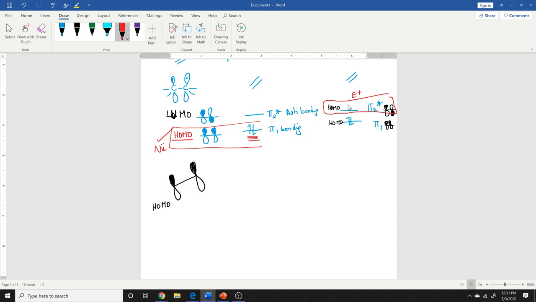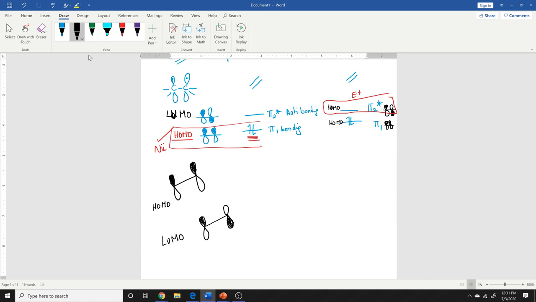So the lowest unoccupied molecular orbital for the second ethene now has the frontier molecular orbital that looks like this. Here you go. So let's go ahead and draw it. So this is it over here, and the bottom lobe is shaded. Now, as you can see, I did put them underneath each other.